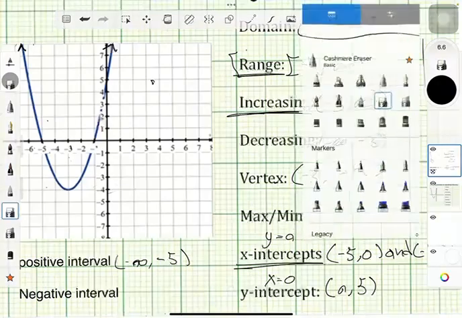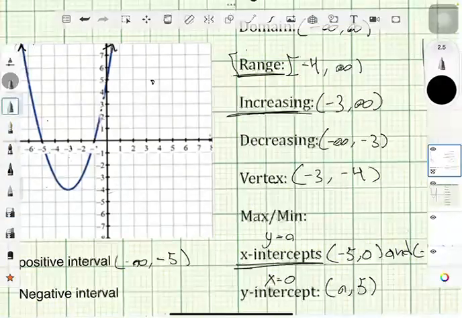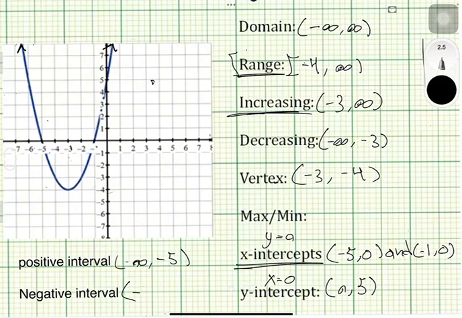So it will be -1, and sorry, -1. Mind you, this is for the positive interval. -1 and positive infinity.